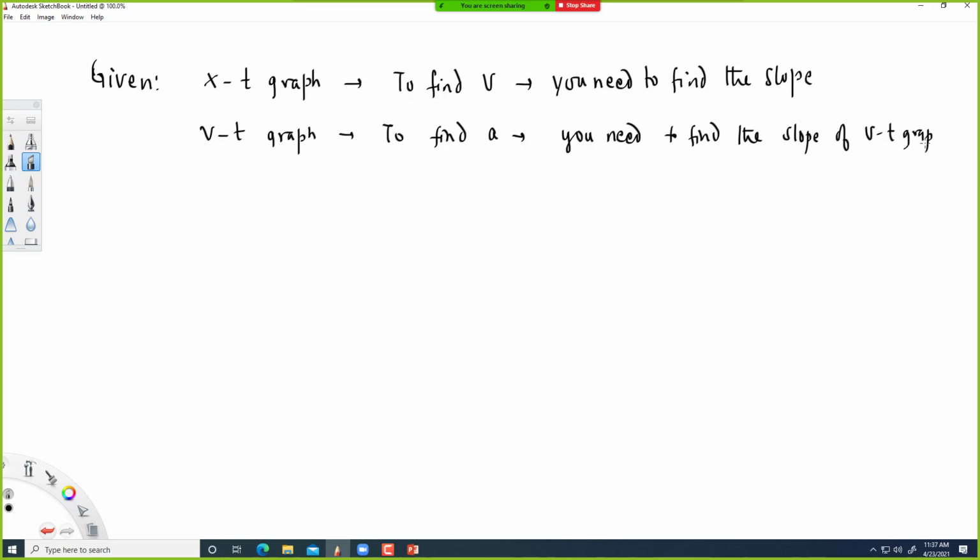And if you are given a VT graph and you want to find displacement, delta x, then you need the area under the curve.